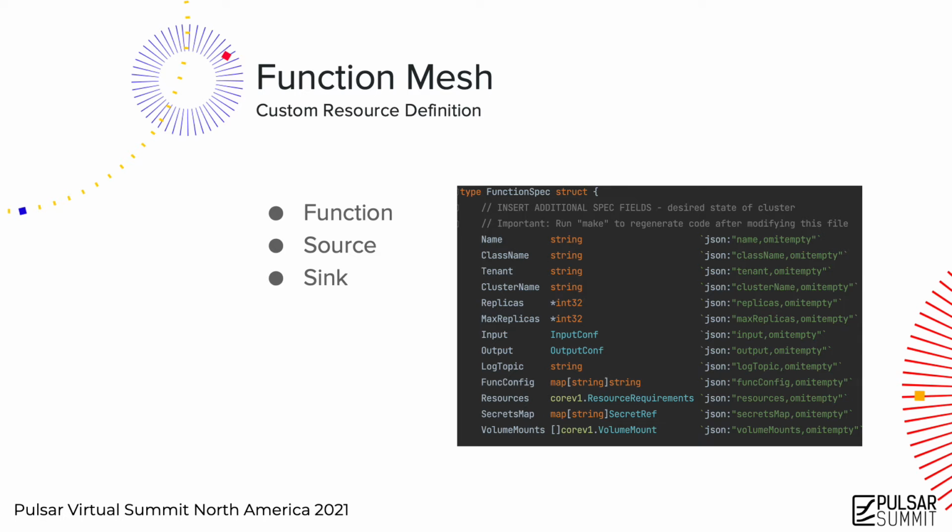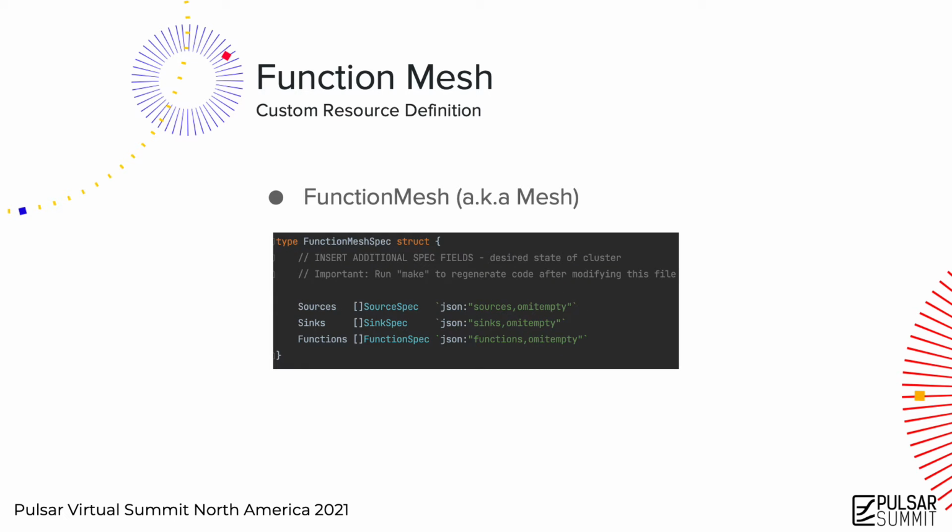As the code block shows, we define function configuration as a function spec, and the function spec is implemented based on Pulsar functions. We also have the source and sink. Apart from them, we also define a function mesh, or what we call a mesh, which is a collection of functions and connectors connected to Pulsar by Pulsar topics to achieve more powerful stream processing logic.